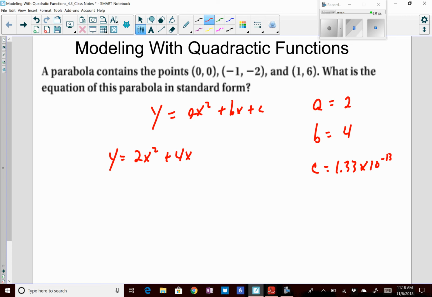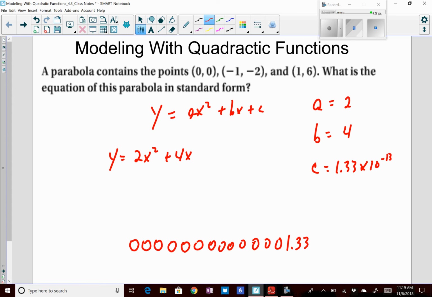Let's take a look at C for a second. If we're in scientific notation, at 13 decimal places, that means, okay, here we go.